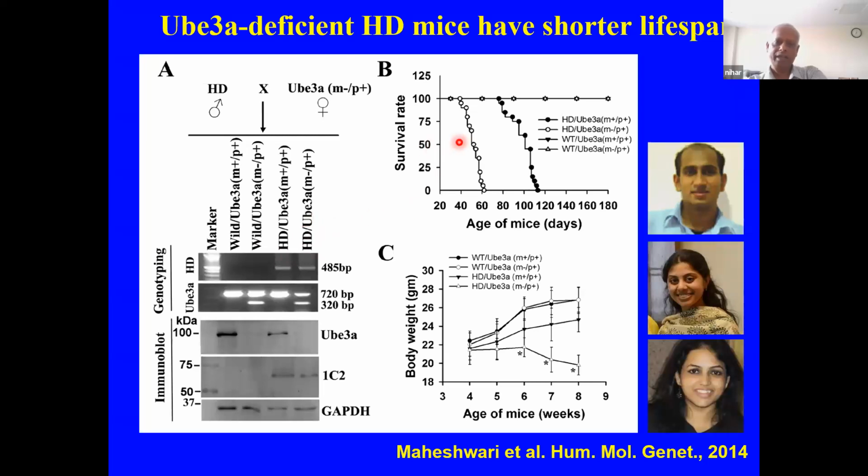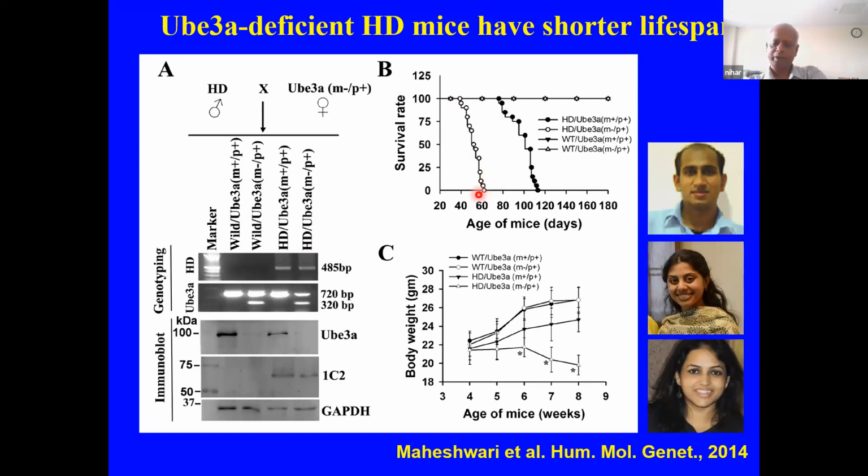If you look at the typical lifespan of Huntington disease mice, by 120 days almost all mice are dead. Now, for the Ube3a deficient Huntington disease mice, the lifespan is nearly half. By 60 days, almost all mice are dead.